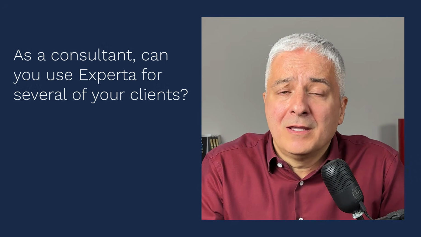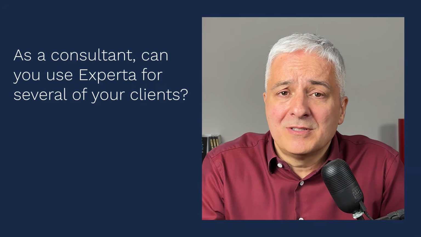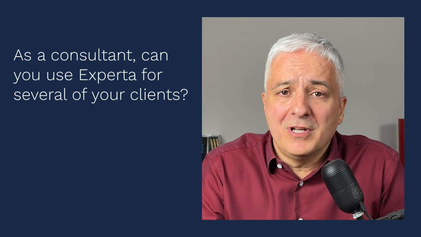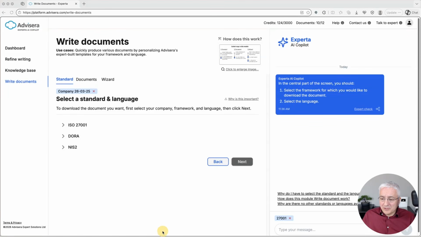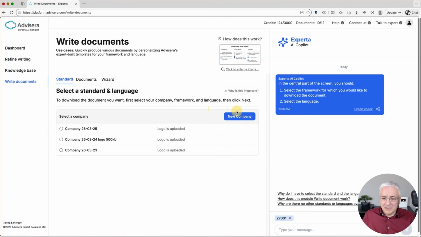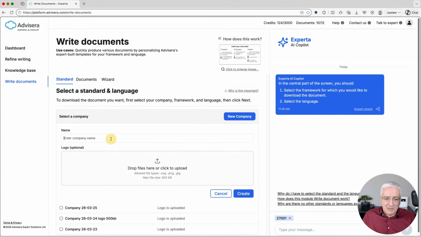And also one question: as a consultant, can you use Experta for several of your clients? Yes, it's actually very easy to use Experta as a consultant with several clients. As you can see here, this tag shows a particular company. Now I can delete this one and simply go for another company. Let's say a new company, and you enter whatever company name you want. So let's say my client company, any name.